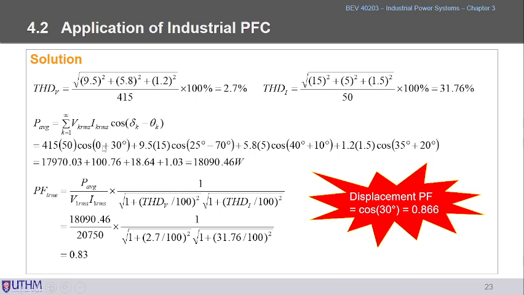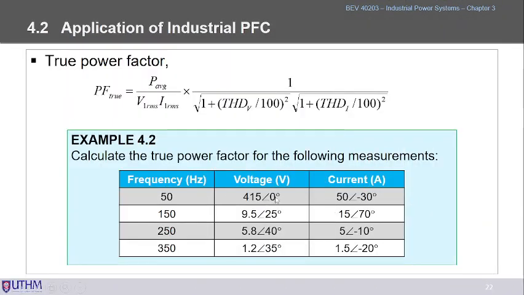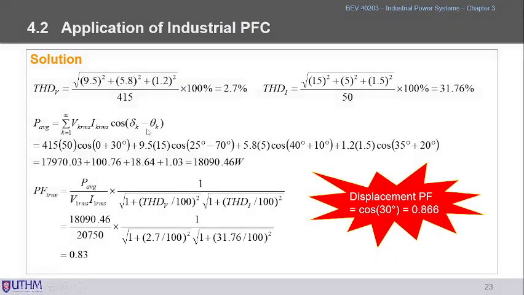Delta minus theta, because here we have 0 minus minus 30. Minus becomes positive. Negative becomes positive. That's why we have 0 plus 30. Same for the rest here. This is the third order harmonic, fifth order and seventh order harmonic. So finally we sum it, then we obtain 18,000 watts.